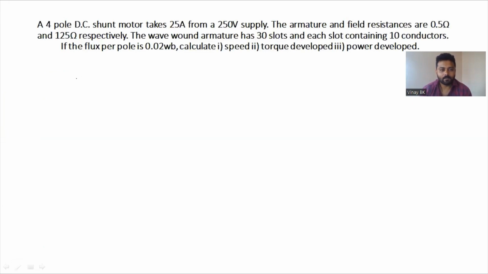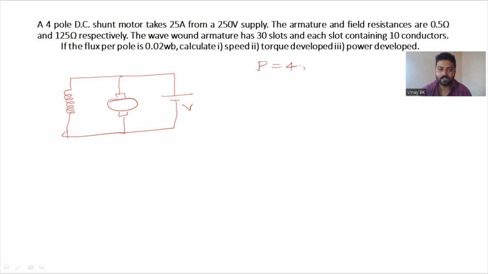A shunt DC motor has a field winding connected parallel to the armature of the DC motor across a voltage source. You can call this a DC shunt motor across a voltage source. It has a supply voltage V. Now you read the problem. A 4-pole DC shunt motor, P is 4.